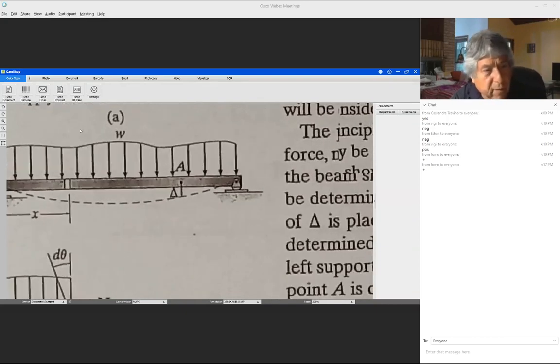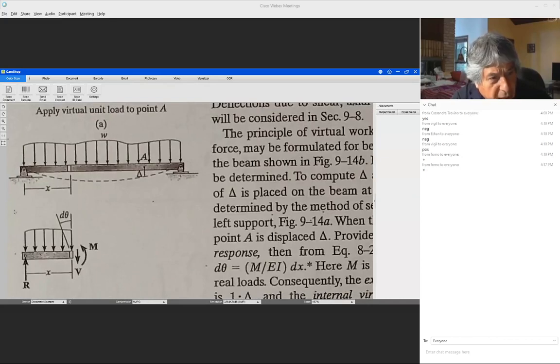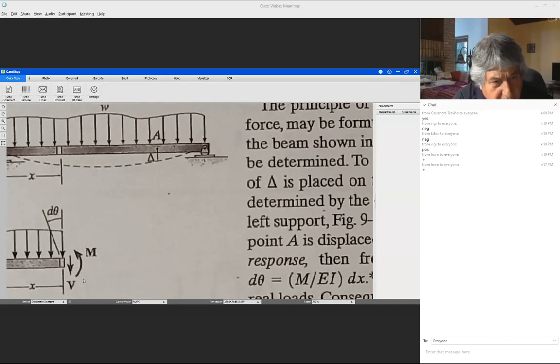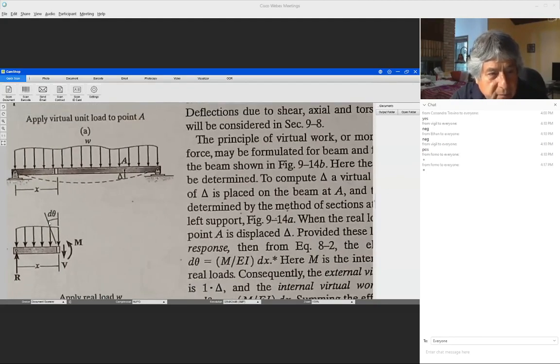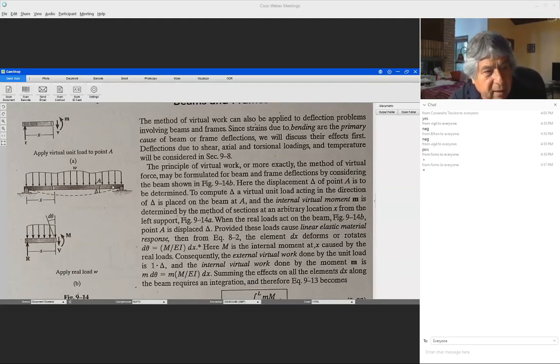So if they take the free body of this location at X, the same as the other one, we had a shear force and a moment produced by the load, called the large M. And this is the slope, the changing slope, the angle. This is equal to the area under the M over EI diagram. So the area under the M over EI diagram is going to be M over EI times dx.